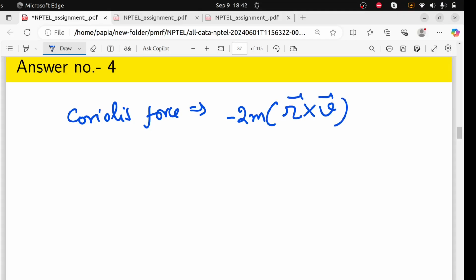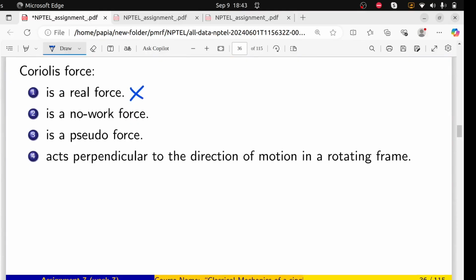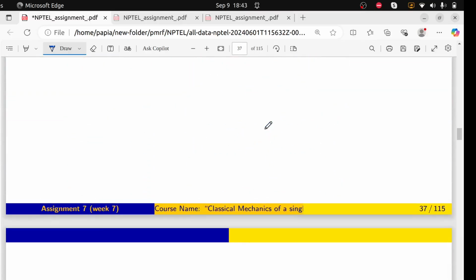Okay, very good. This is obviously a pseudo force. Now, according to the first question, this first option, a real force, is wrong, and a pseudo force is correct. Now, is no work force correct or not?